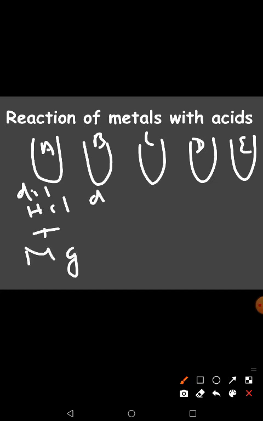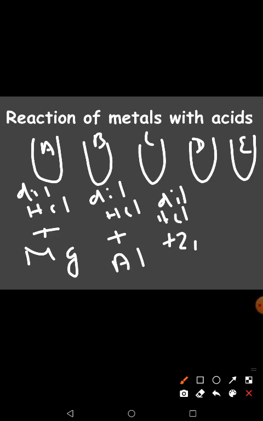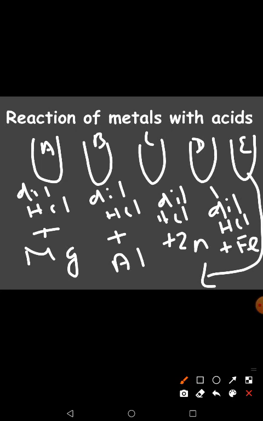Your test tube B will have dilute hydrochloric acid, in that you are going to put your aluminium, and in test tube C dilute hydrochloric acid is already taken, and in that you are putting zinc. In test tube D you will take dilute hydrochloric acid with iron, and test tube E will have dilute hydrochloric acid, and in that you will put copper.